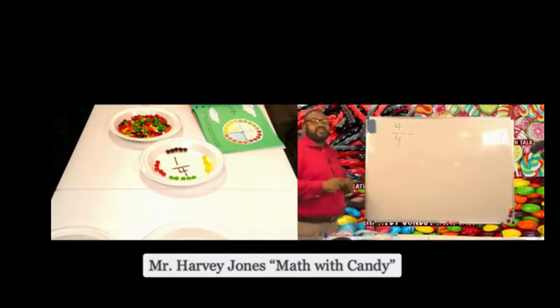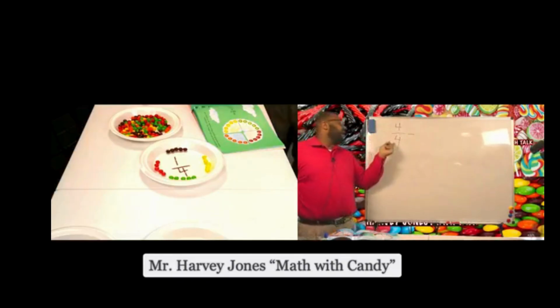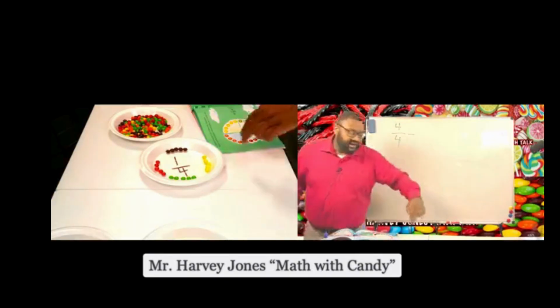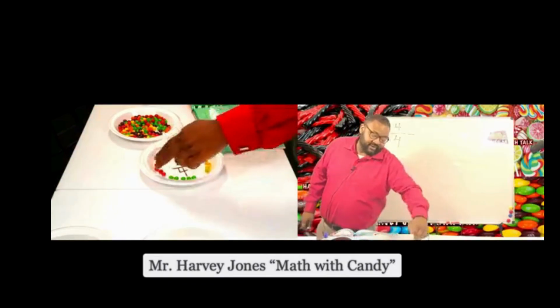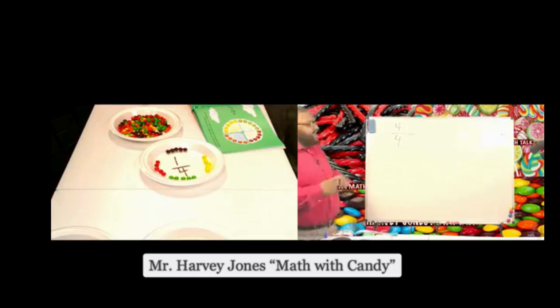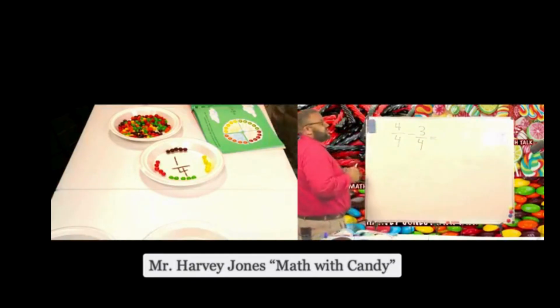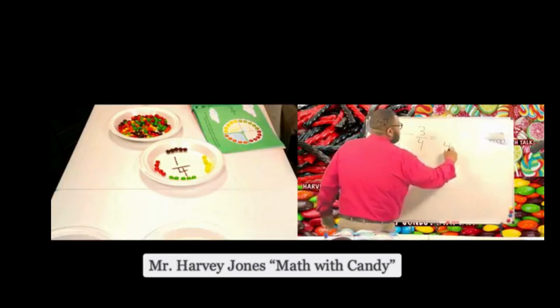Please remember this. When your top number and your bottom number, or when your numerator and your denominator are the same, it's going to equal one whole. So right now, I'm talking about all the colors that are represented here, okay? And I want to subtract what we just saw, the 3/4.